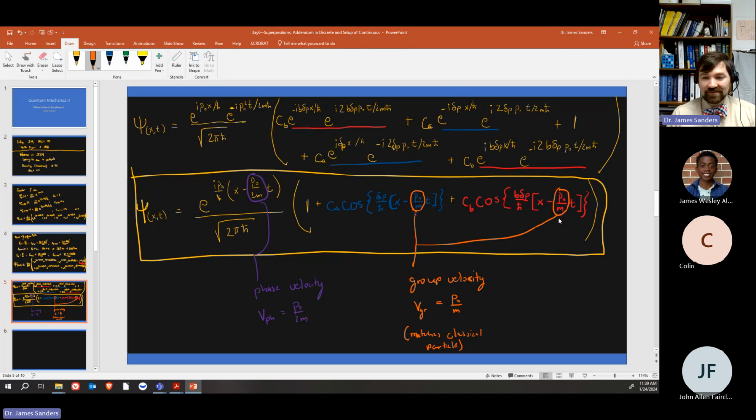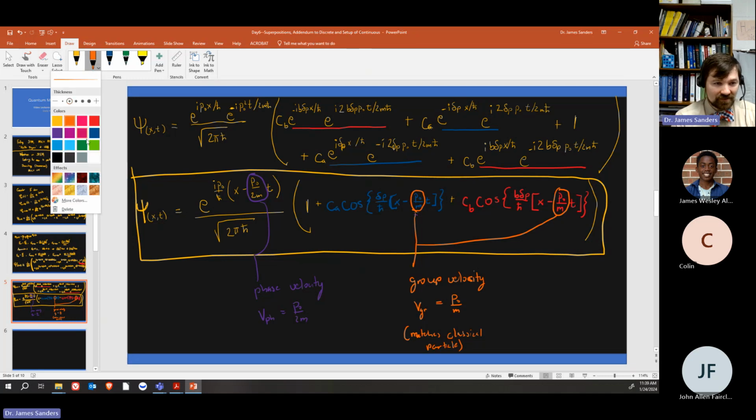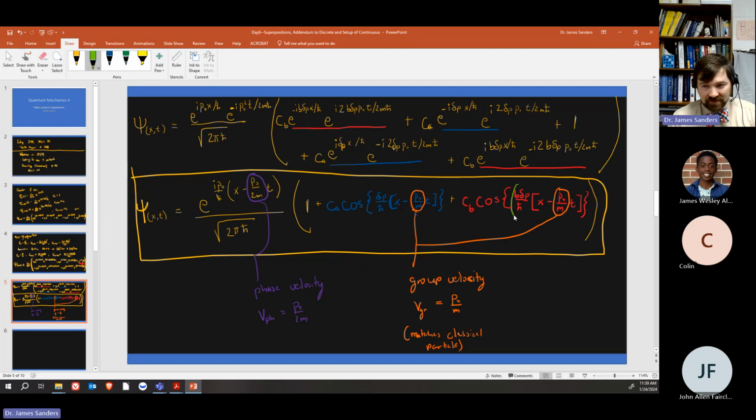They all get different values for k, because remember that this term that I've pulled out, these right here are my k values. So this would be k sub A, and this would be my k sub B, and notice that they are not equal.